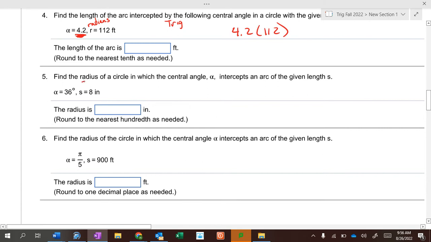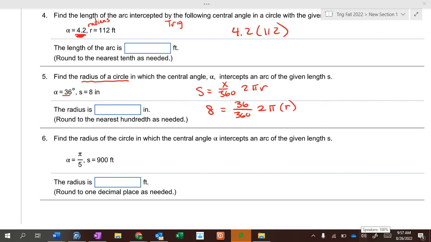Now, this one, number 5, says find the radius of the circle. Okay? You're not finding arc length, find the radius. Well, what's the formula? Well, if we're using degrees, arc length, S, equals x over 360 times 2 pi r. So 8 equals 36 over 360 times 2 pi r, because we're looking for the radius. 36 over 360 is 1 over 10, so 8 equals 1/10 times 2 pi r.